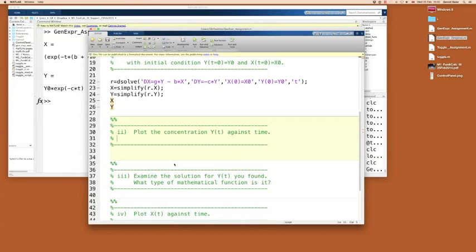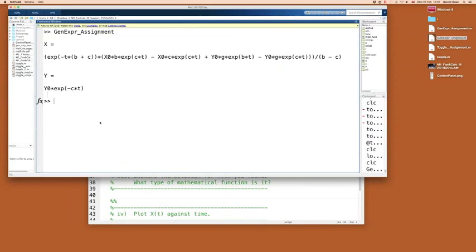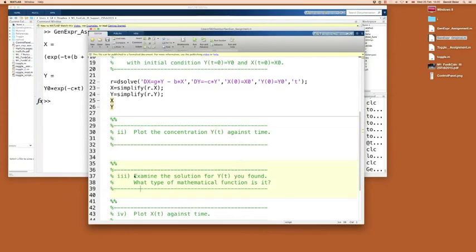So the next part is to plot these concentrations. There are lots of things we could do to get the form of these back into MATLAB. The moment we've got symbolic equations, MATLAB is quite happy to deal with abstract things such as b's and c's and x naughts. But actually, we want to plot this, we want to integrate this numerically now.